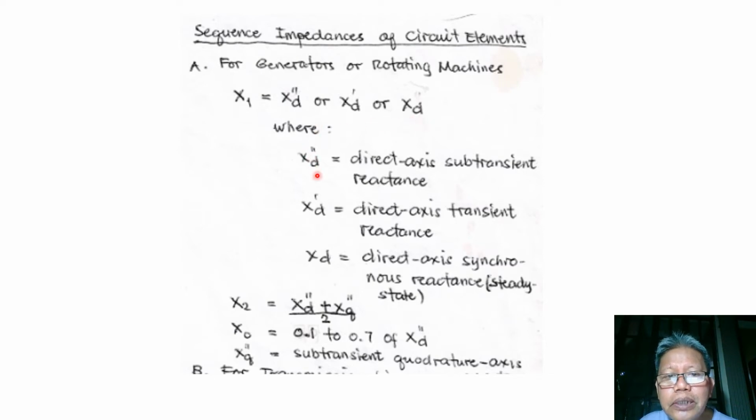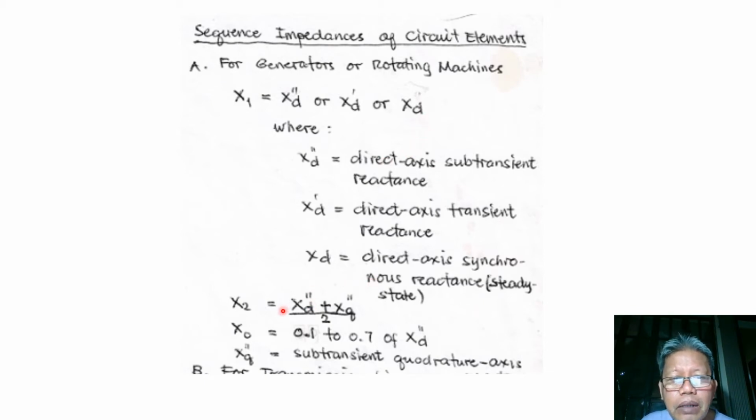XD double prime is the direct axis subtransient reactance, XD prime is the direct axis transient reactance, and XD is the direct axis synchronous reactance at steady state. So our X1 can have the value at the subtransient condition, XD prime at the transient condition, or XD at the steady state condition.